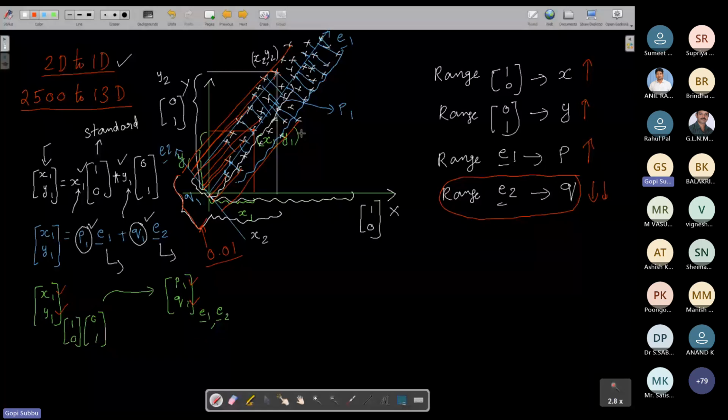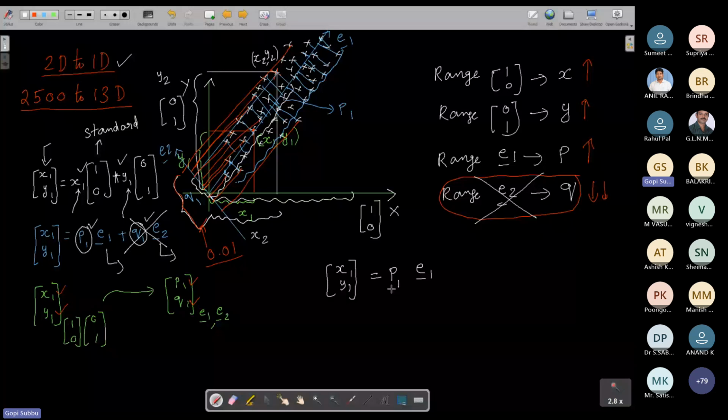What does it mean? It means that the q values are going to be almost zero. So we don't want to use this eigenvector E2. The vector x1, y1 is simply represented as a scalar times only the eigenvector E1.